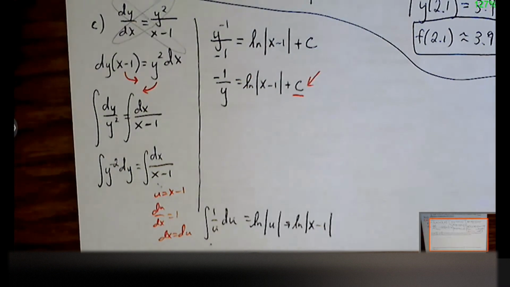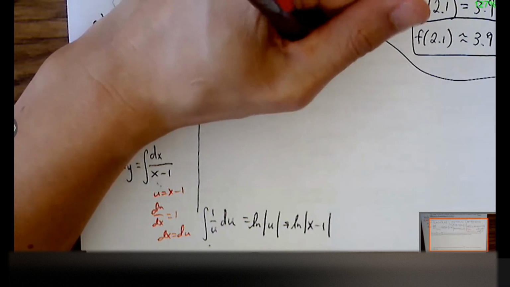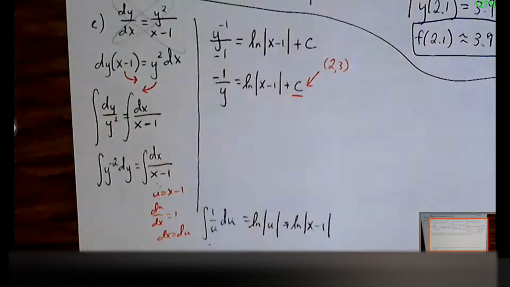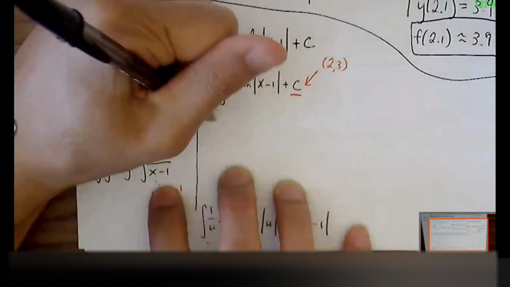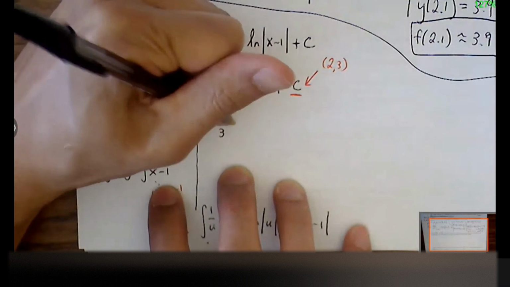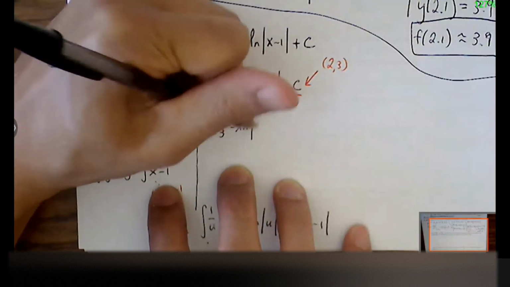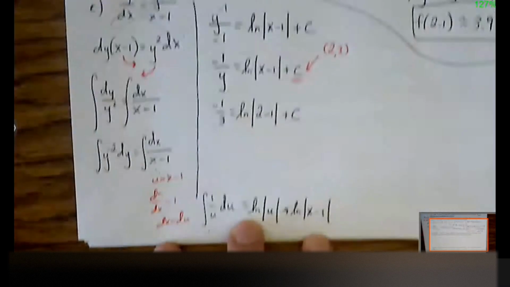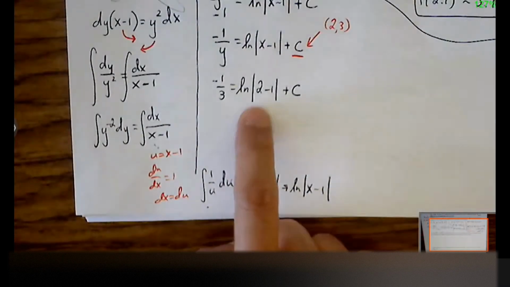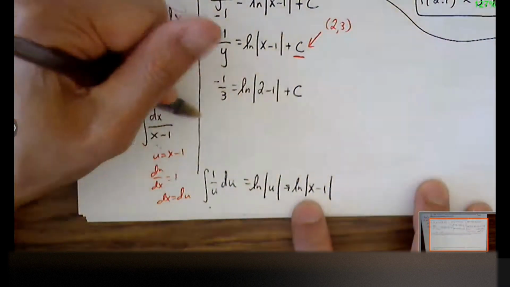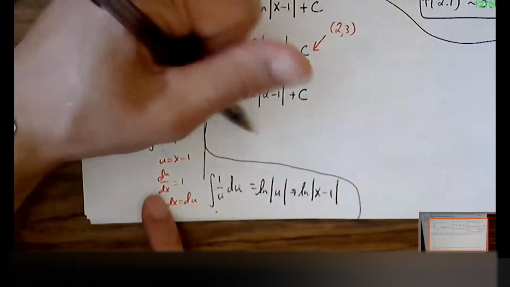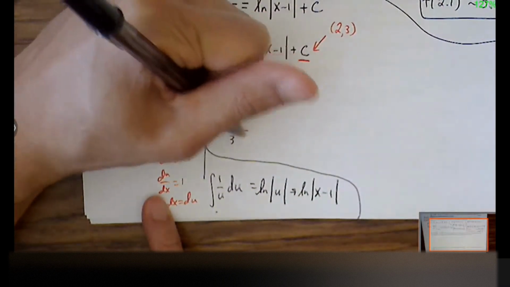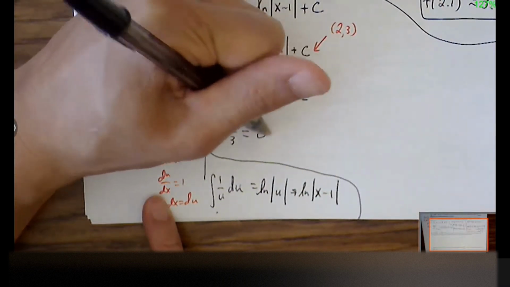Okay, so I'll fill in my ordered pair 2, 3. Natural log of 1 is 0.